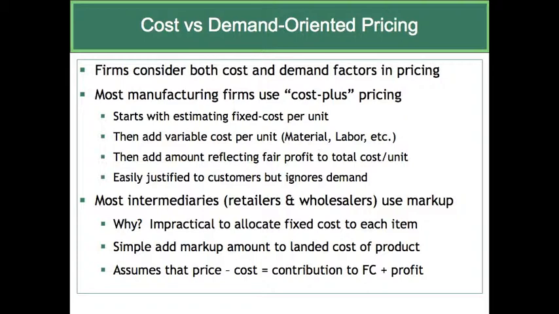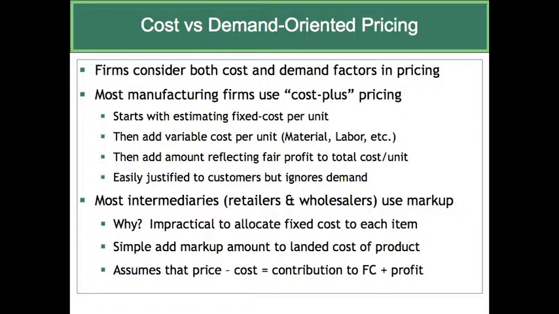In contrast to manufacturing firms, most intermediaries, retailers and wholesalers, tend to use a markup approach to pricing. The reason for this is fairly simple. Firms like Macy's or Kroger, Marsh, various retailers are often handling tens of thousands of products, and it becomes very impractical for them to allocate fixed cost to each of the individual items that they carry in their operation.